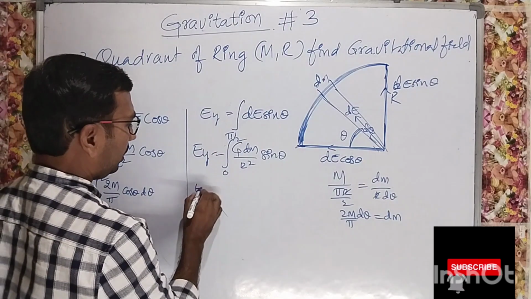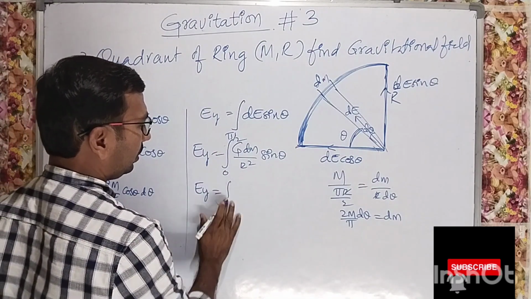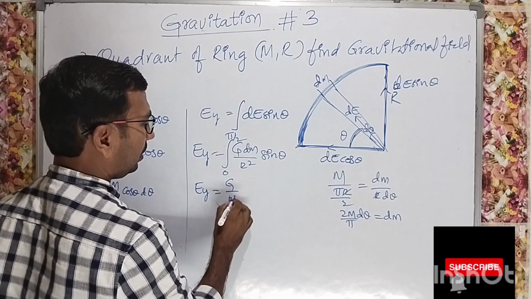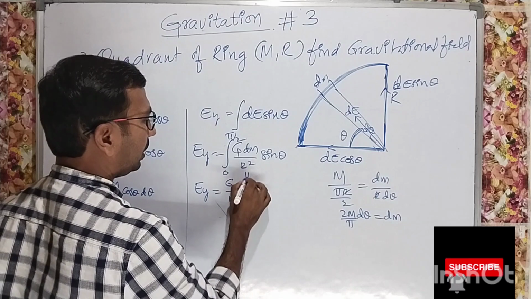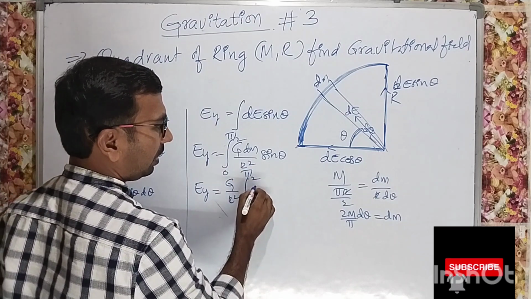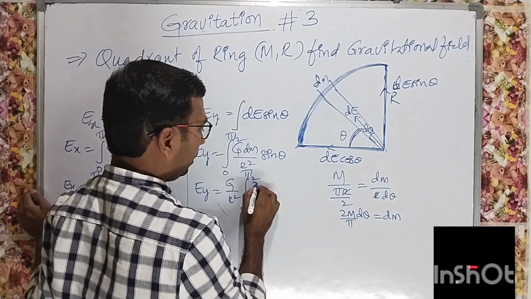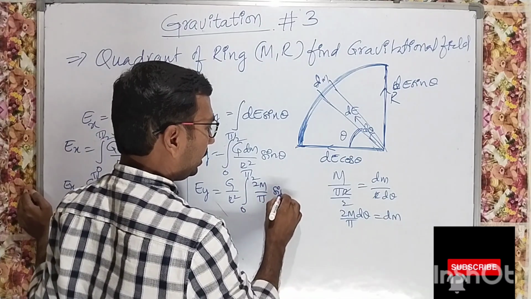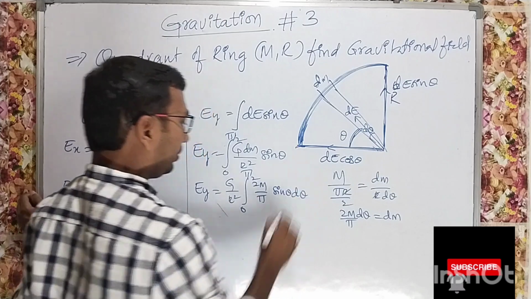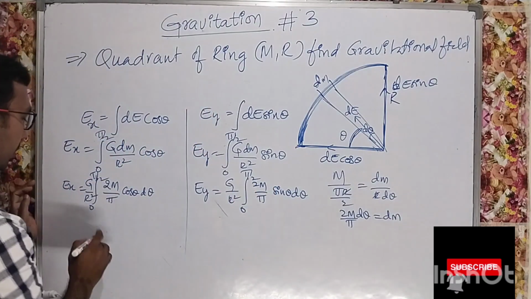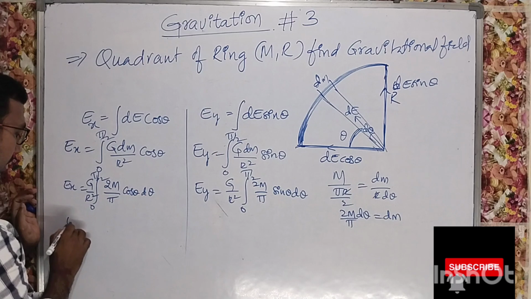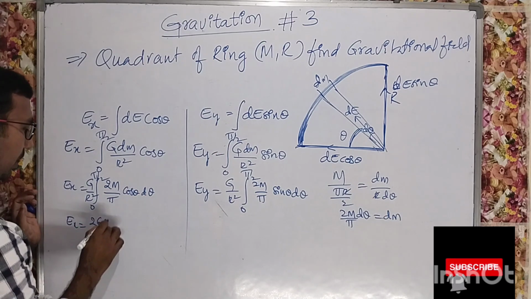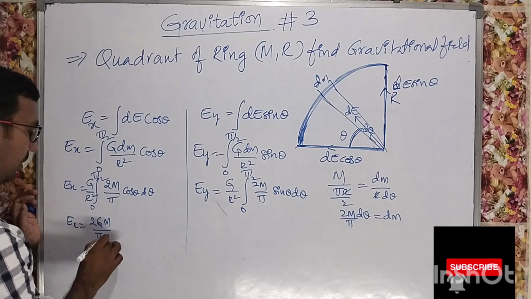Here Ey is also the same: G by r square common, integration 0 to pi by 2, substituting the dm value, of 2M by pi sin theta d theta.